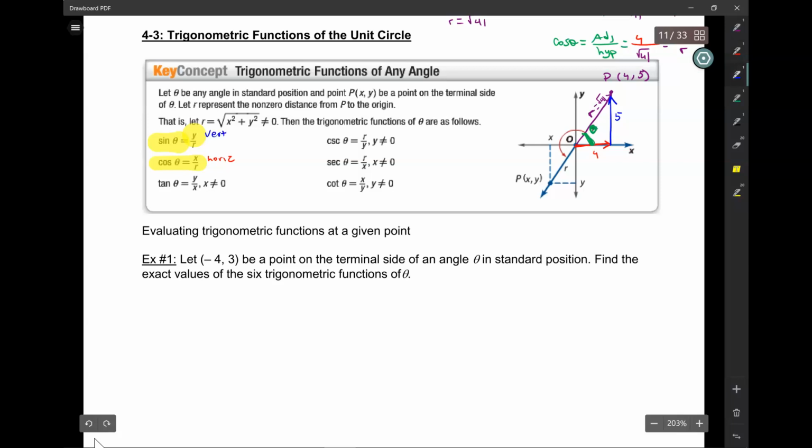And the sooner you make that association in your mind, that sine is the vertical side, cosine is the horizontal side, the easier things will be for trig. Okay? So then, if I wanted to find cosecant, then it's just the reciprocal, r over y, and so on and so forth.